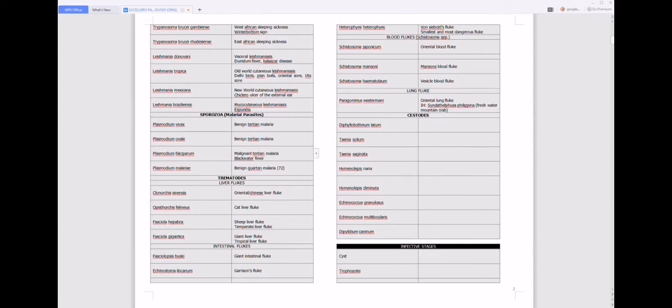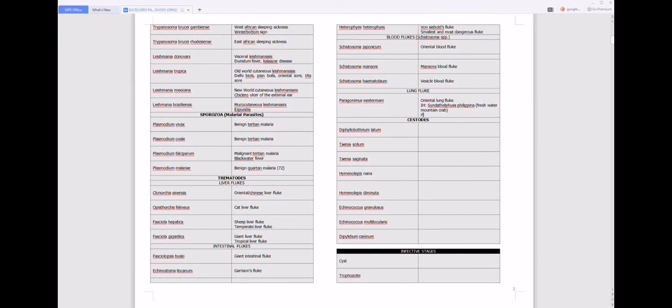Pero pag intestinal, kunyari Echinostoma ilocanum infection, so inflammation of the intestine, diarrhea, mga ganyan agad ang kanyang clinical manifestations. Okay? So pag Paragonimus westermani, it can cause pulmonary TB-like infection. Kasi di ba lung siya, lung fluke. So when you are infected with Paragonimus westermani, you can have a pulmonary TB-like infection.